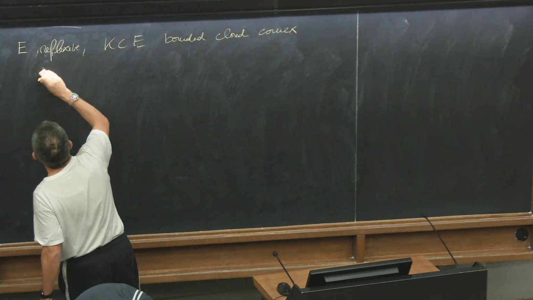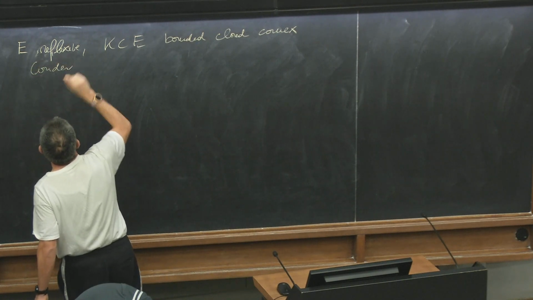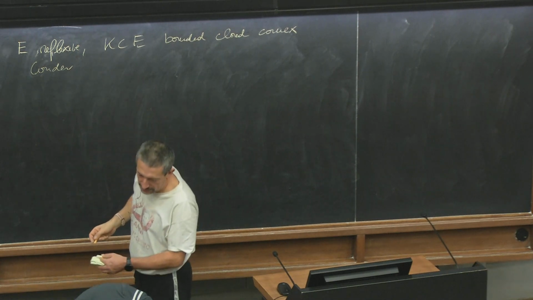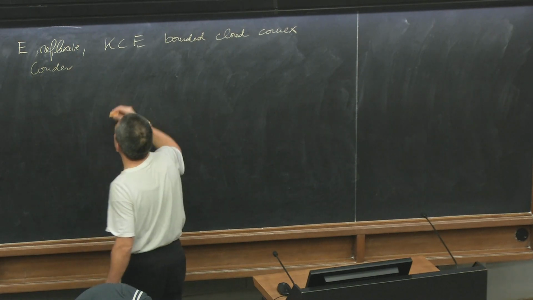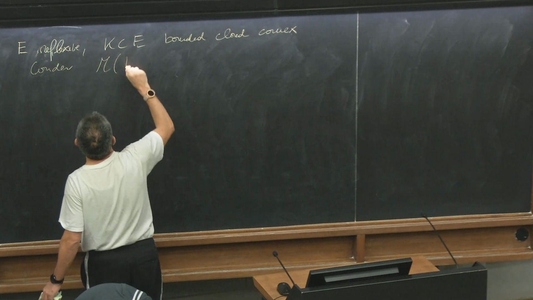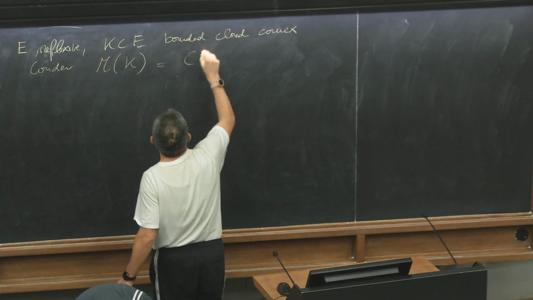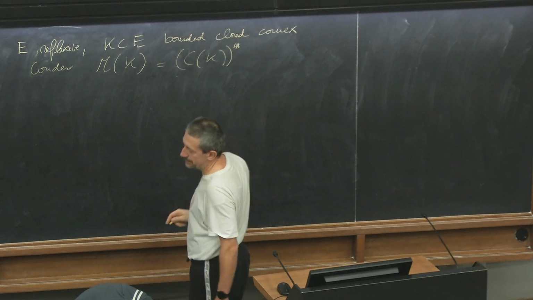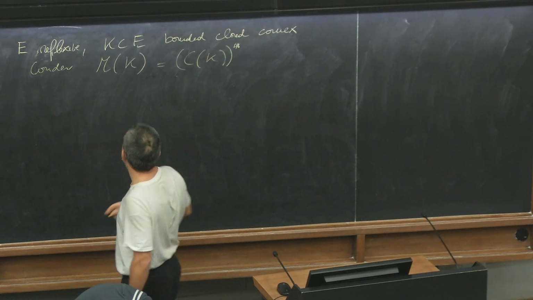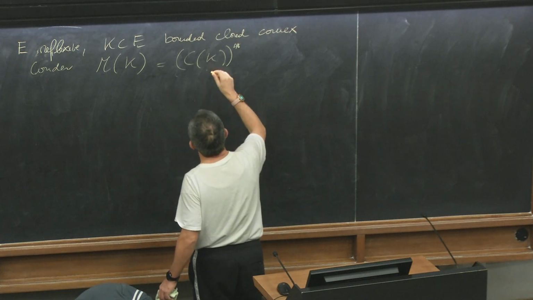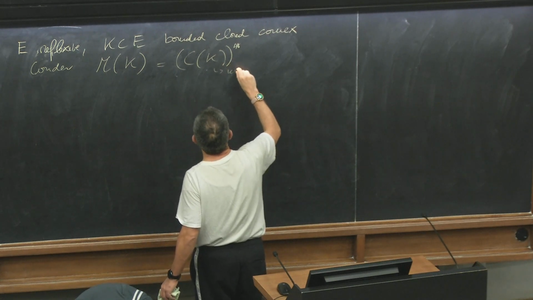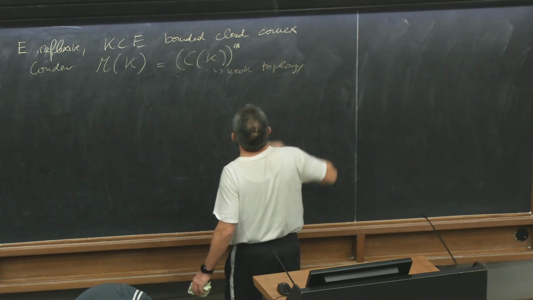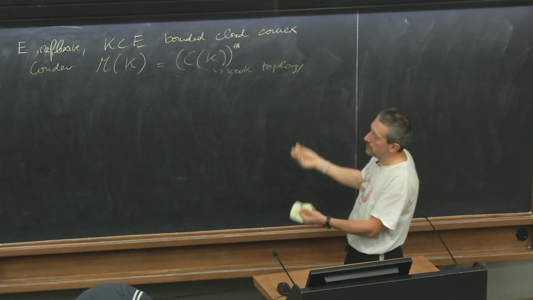So consider the set of measures over K, which is like the dual of the continuous functions on K, and this is the space of measures on K with the weak topology. Okay, it's a compact set.